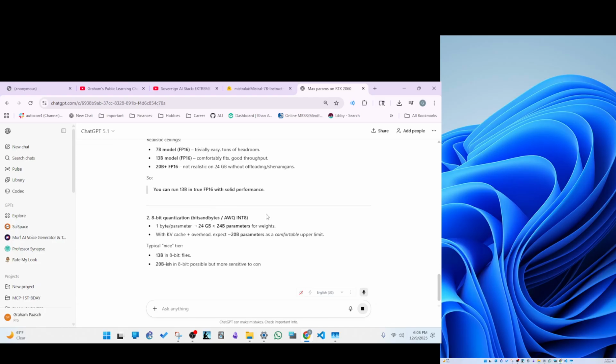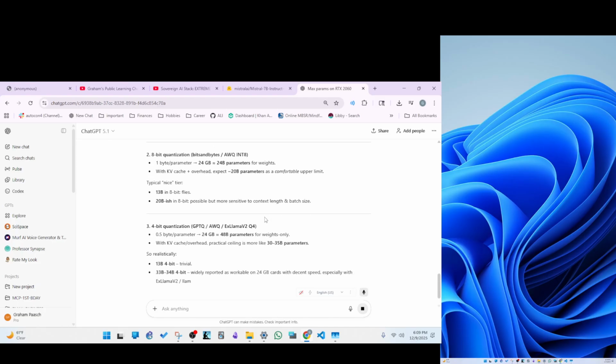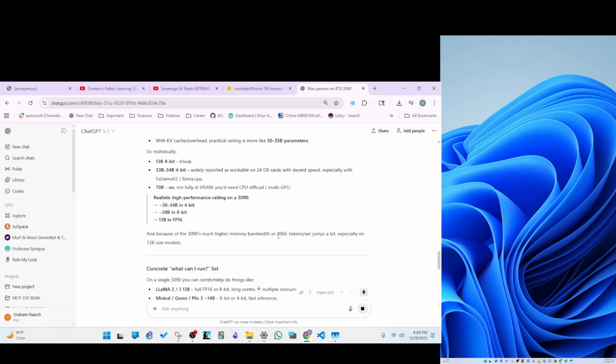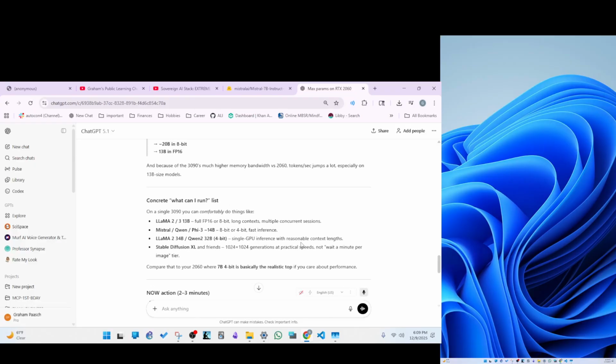But I can realistically run models that are 33 to 34 billion parameters. That B stands for billion, the number of parameters rather than bits or bytes. So I can run Llama 2 full FP16 or 8-bit, long context windows, multiple concurrent sessions.